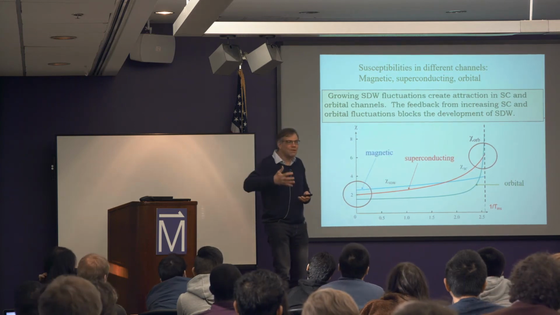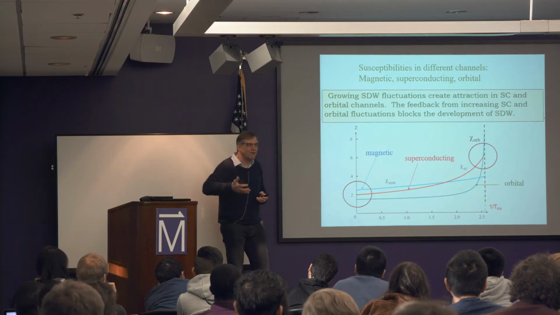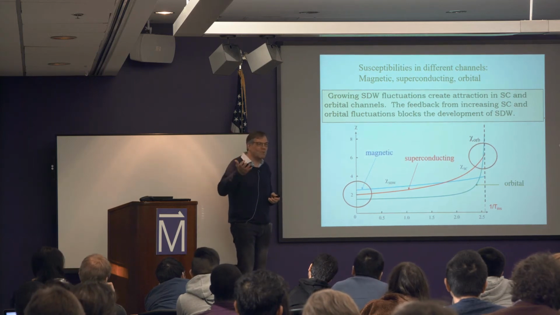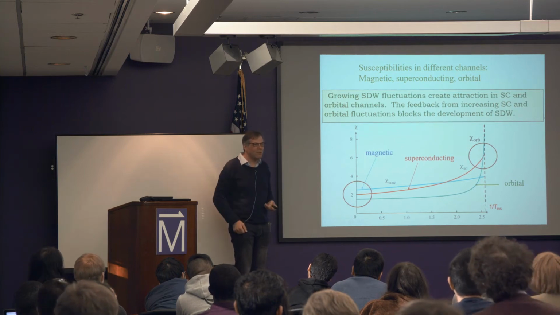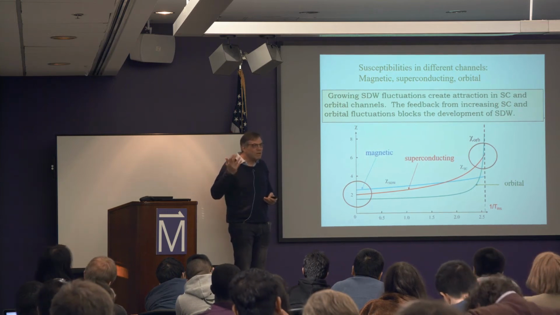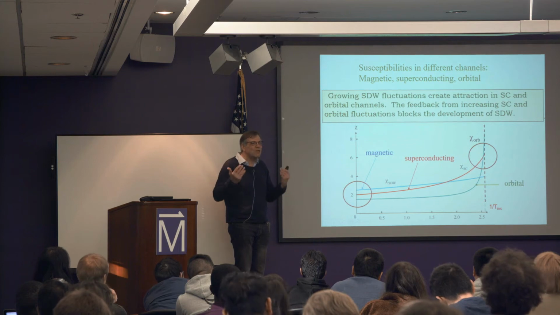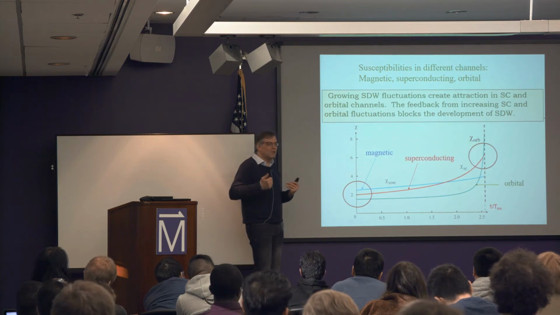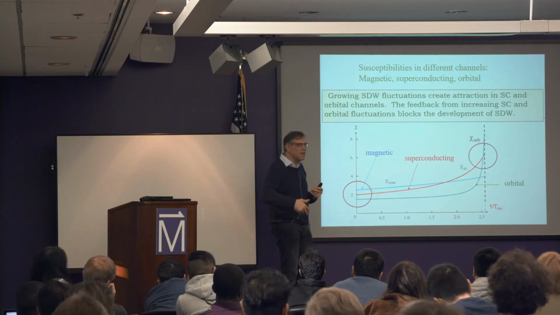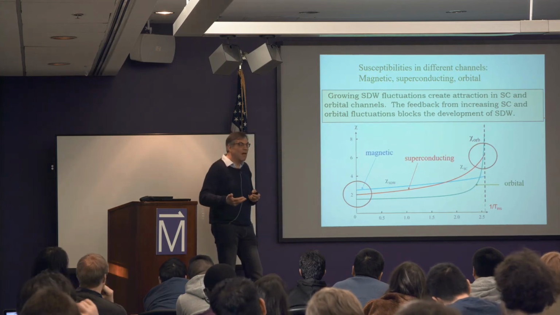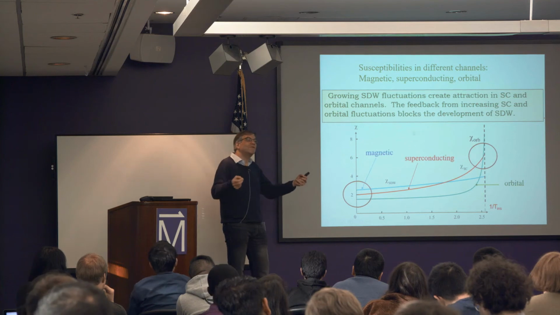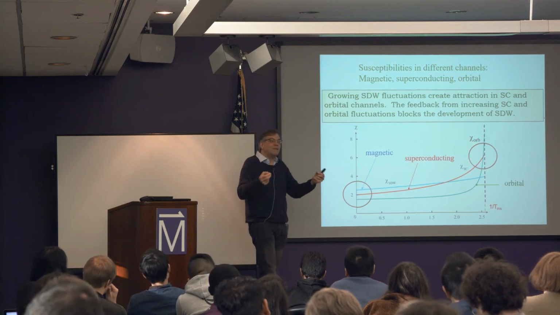You start with magnetic fluctuations that tend to develop magnetic order. And if you forget about everything else, the system will develop magnetic order. But in the process, this interaction is doing good things to the other two channels. Good things means that it also makes the superconducting channel attractive, it makes the orbital channel attractive. Once these two channels become attractive, they become strong competitors.